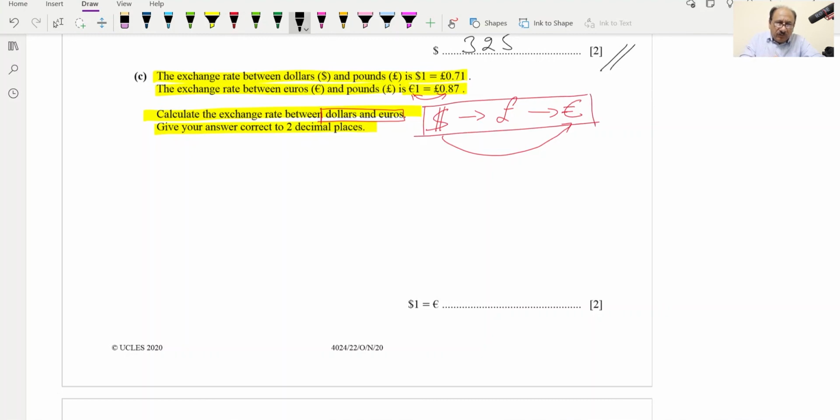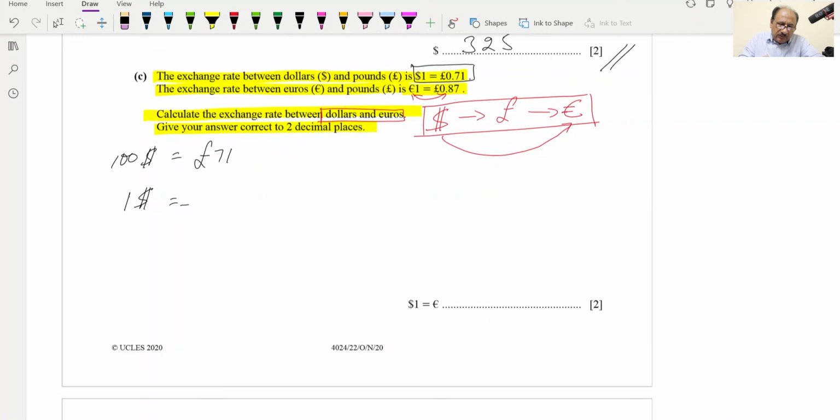So first, if we change $100 by this rate, it will give us 71 pounds. Now the same conversion: $1 is to 0.71 pounds.